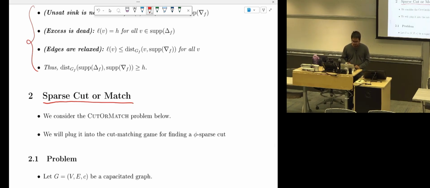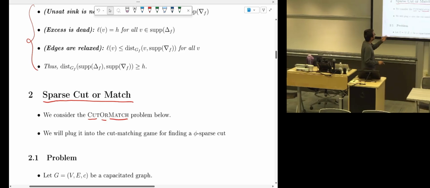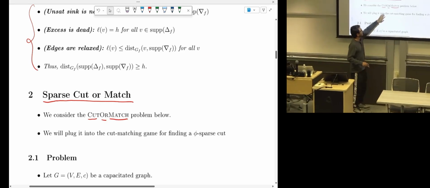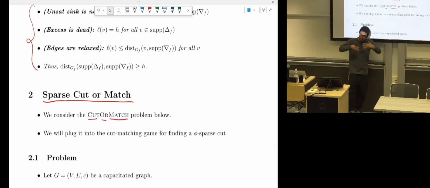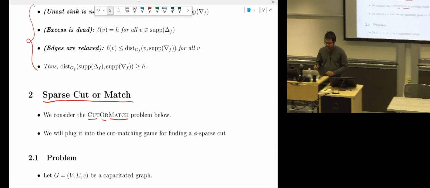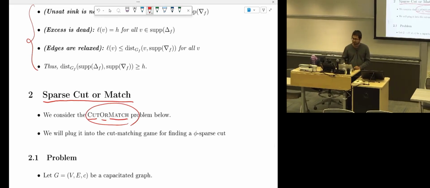I will denote it by cut-or-match. Once we can solve this, we will plug it into the cut-matching game, combined with the things that we have learned, and we can use it to find sparse cuts fast. But let's see what this subroutine is first.